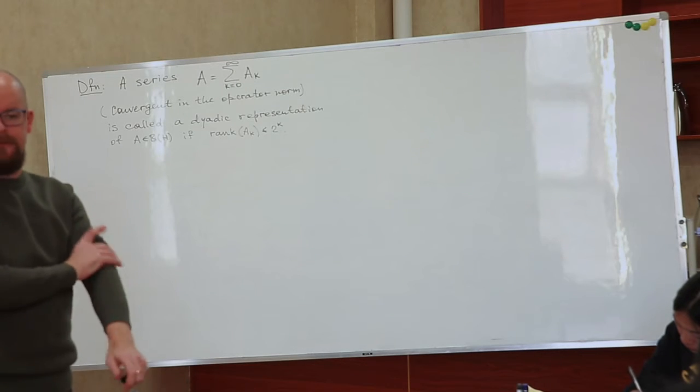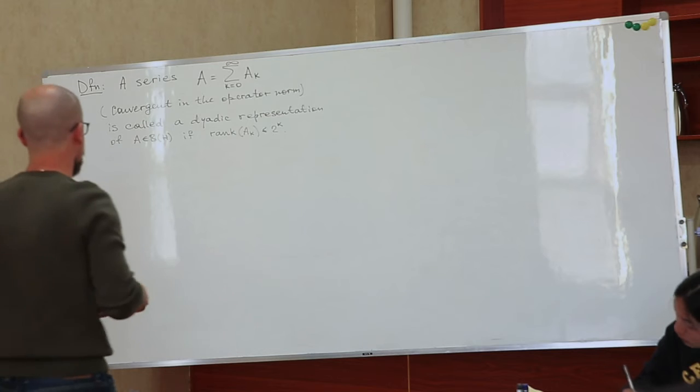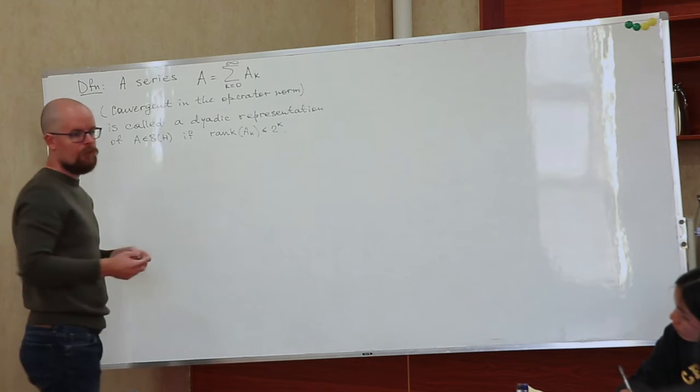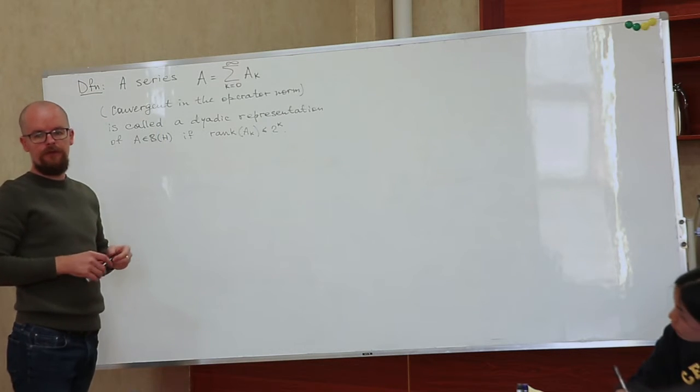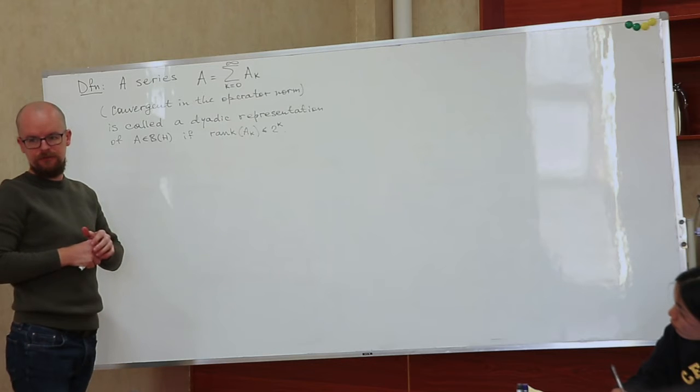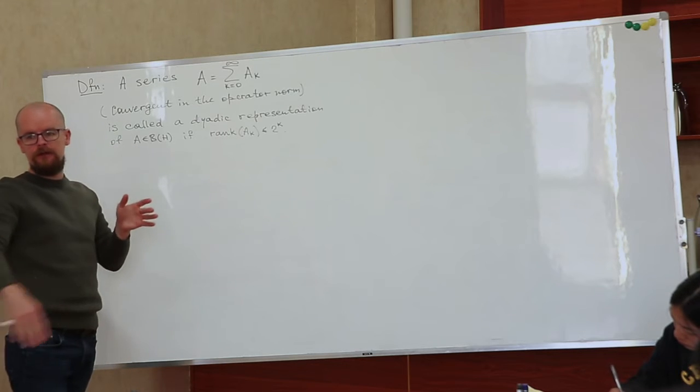What are the possible examples of such representations? For every operator we can write down the Schmidt representation. So it's kind of diagonalizing the operator.